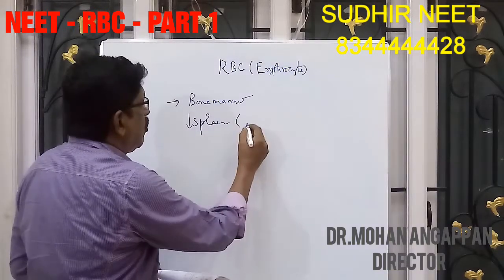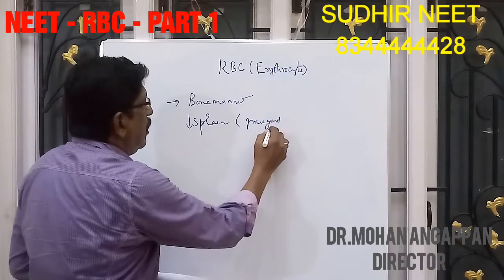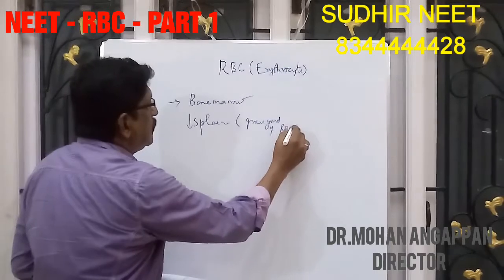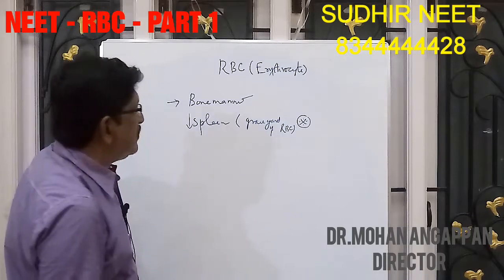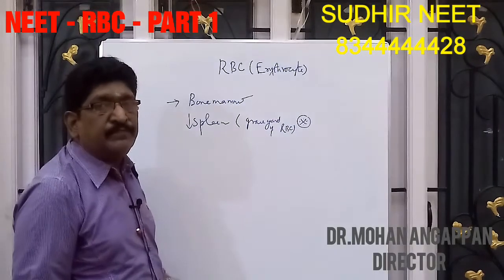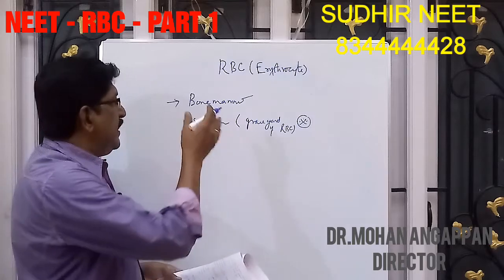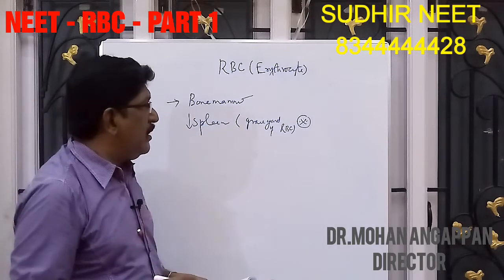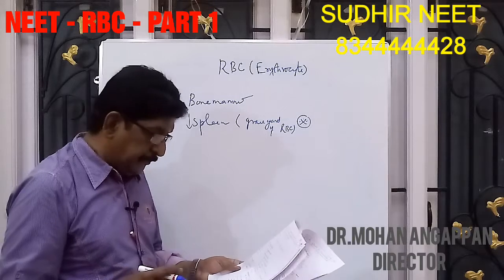So the spleen is called the graveyard of RBC. Another important question. So the spleen is called the graveyard of RBC. Yes, you must remember. It is formed in bone marrow and then it is destroyed in the spleen.